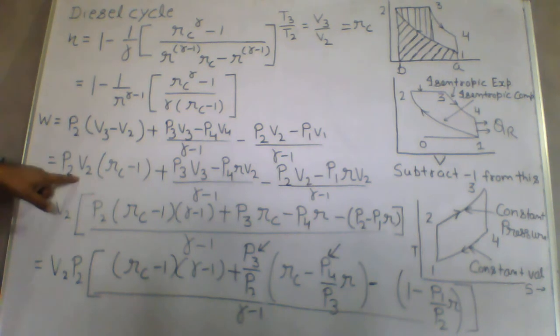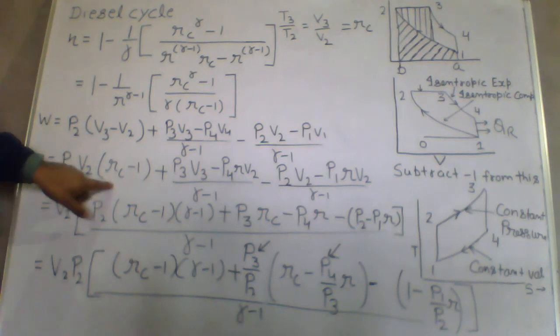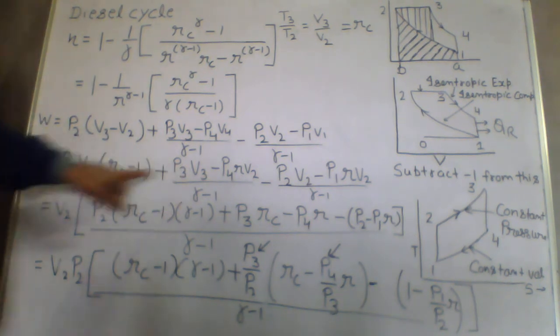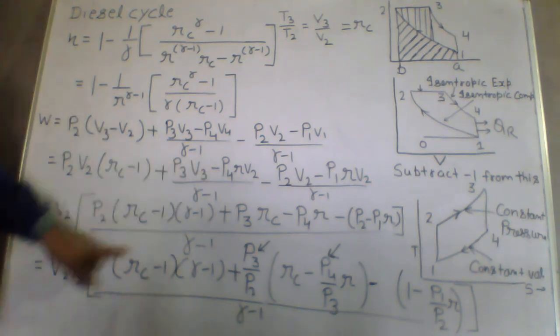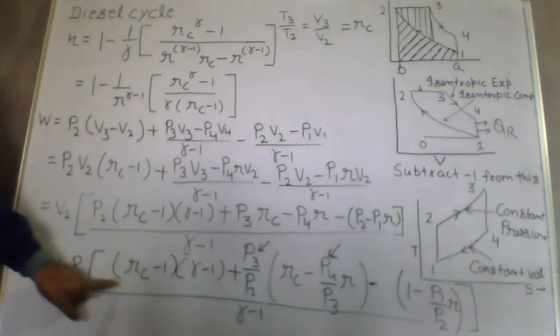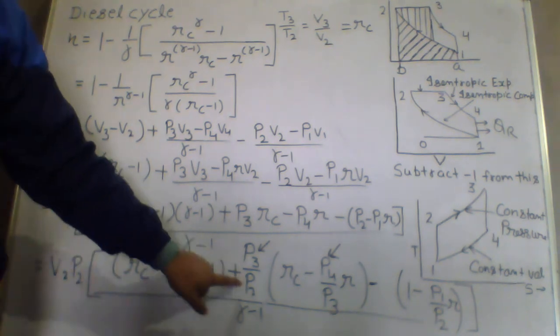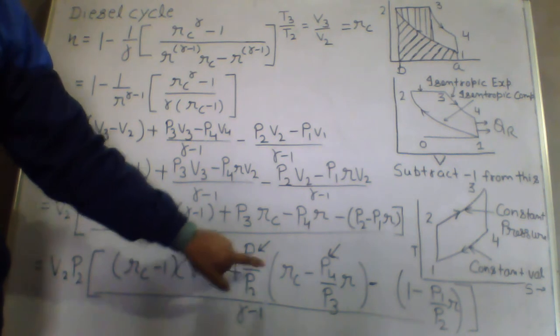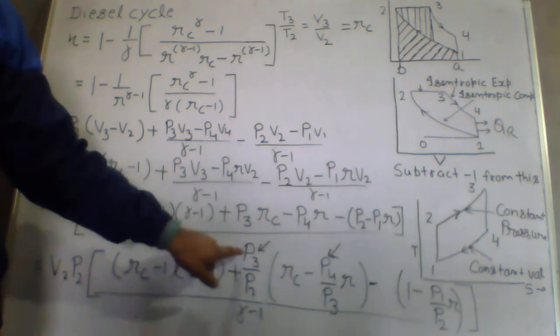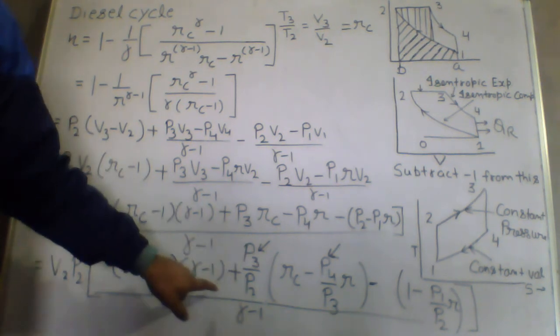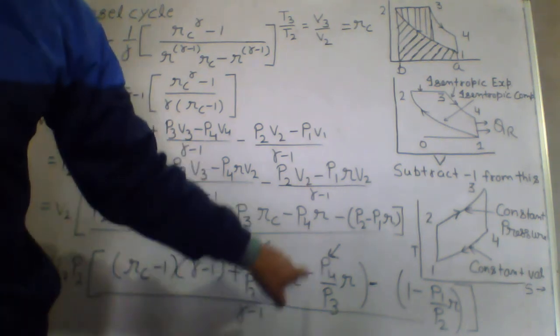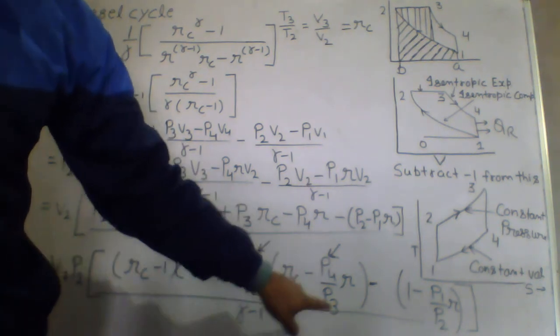After solving this, we will remove all these parameters. After solving, we will get this equation here: V2 P2 RC minus 1 over gamma minus 1. Here we get P3 by P2. You have to replace this P3 by P2 in terms of R and RC. Same, you have to replace P4 by P3 in terms of R and RC.